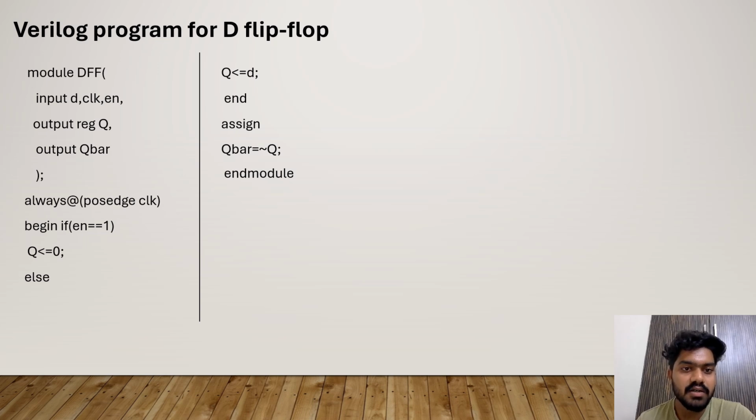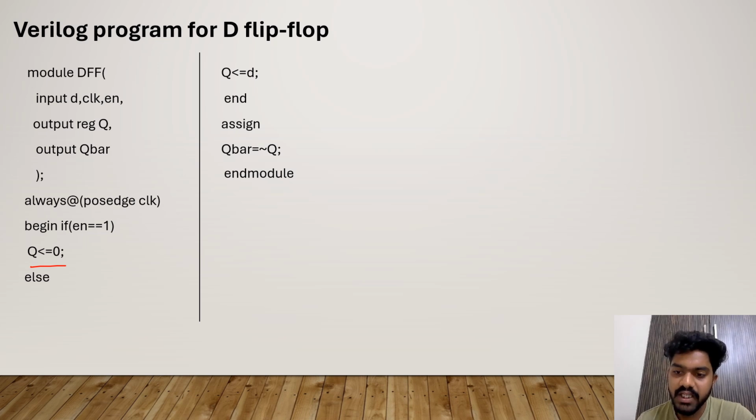And same as the JK flip-flop, here we'll begin it, and if the enable signal is 1, the output will be reset, that is Q equals 0. Else if the enable signal is not equal to 1, then according to the truth table, if we provide D equals 0, we'll get the reset condition, that is 0. Otherwise, if we give D equals 1 as input, the output will be 1, that is the set condition.